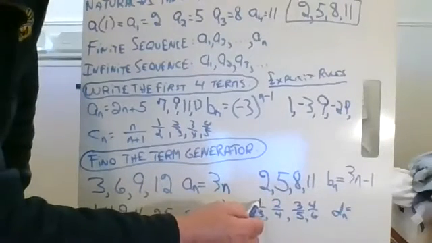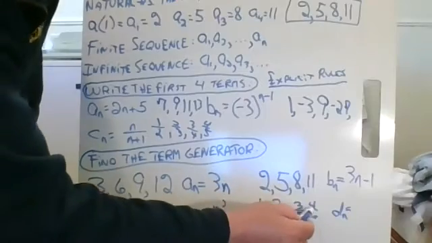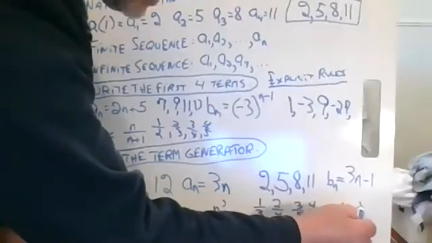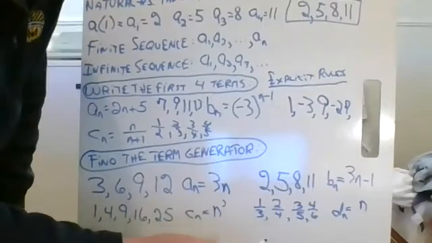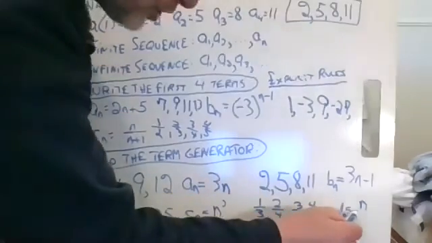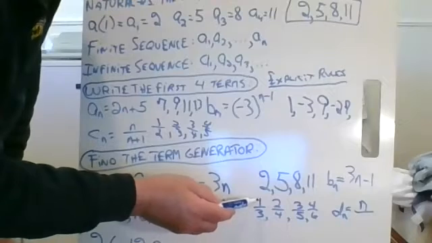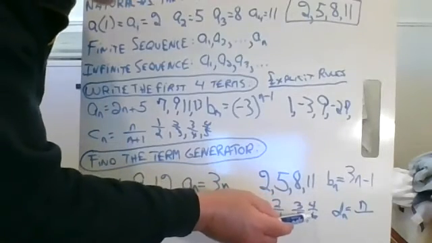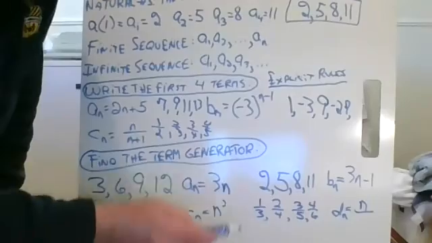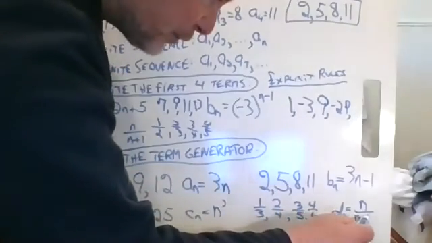The numerators happen to be what? 1, 2, 3, 4, which would be n, isn't it? Yup. That's n. Now look at the denominator. What's the connection between the numerator and the denominator? N plus 2. Okay, the denominator's 2 more than the numerator.